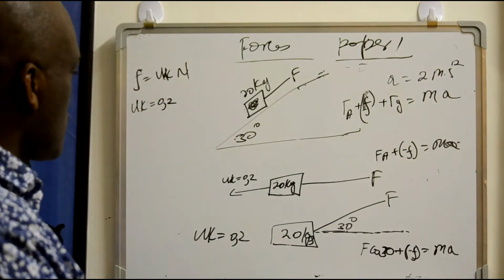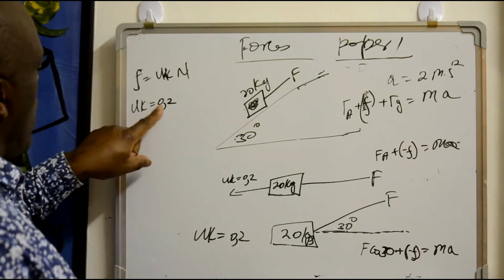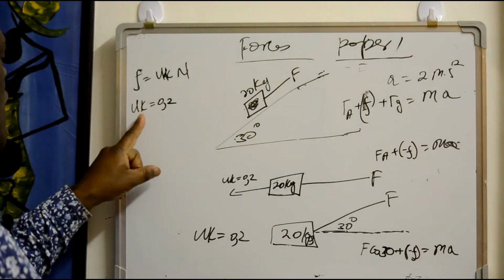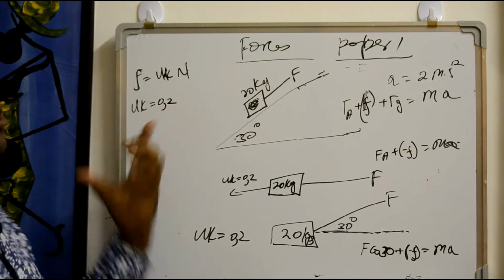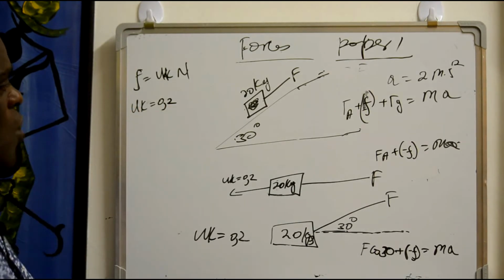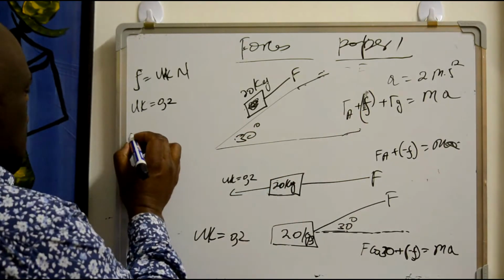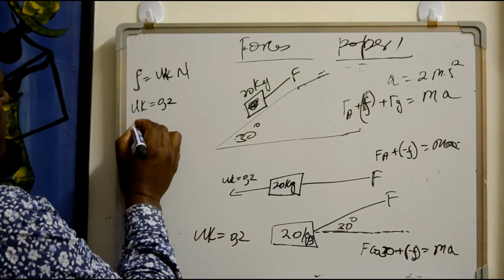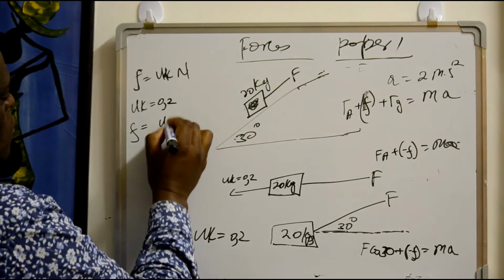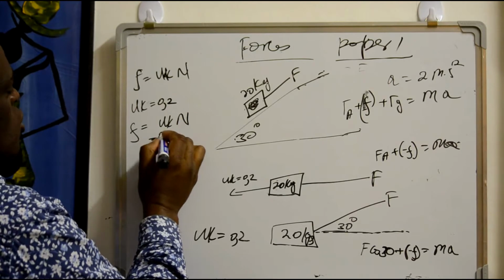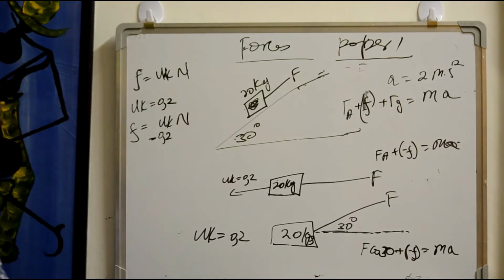Right. Let me come to what we call the kinetic coefficient, which for argument's sake is 0.2. How do I express it? My friction force I want to calculate separately. My friction force is equal to UK times normal, where UK is 0.2. But what is your normal now?